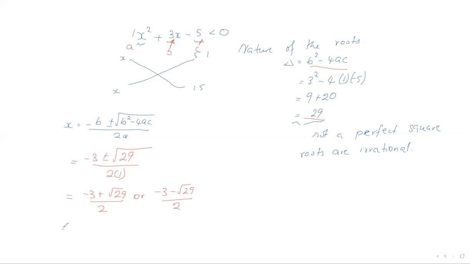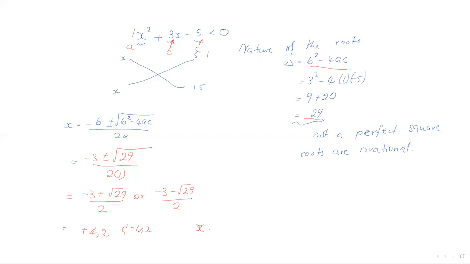Therefore, you have 4.2 and 1.2. That's what you have. So it means the equation is going to be x. The other one is minus. This one is a minus here.